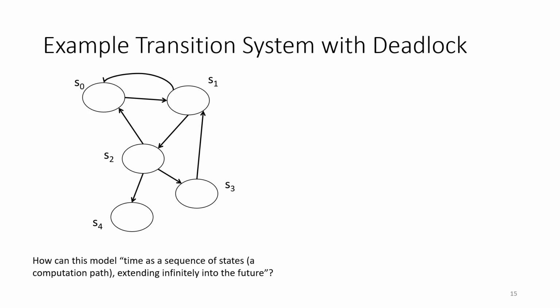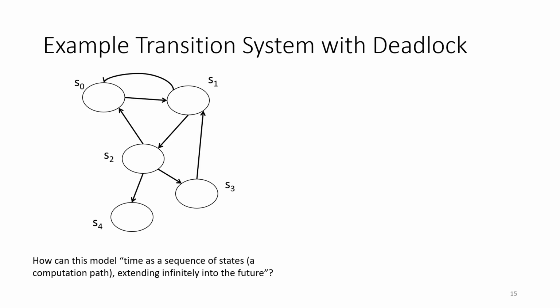Does anybody see an infinite computation in this transition system? Let's do the easiest first. Yeah? S0, S1, and that repeated infinitely many times, right? We can go from S0 to S1, and then from S1 to S0, and we can do that as many times as we want. Yes. So this way, that thing is infinite.